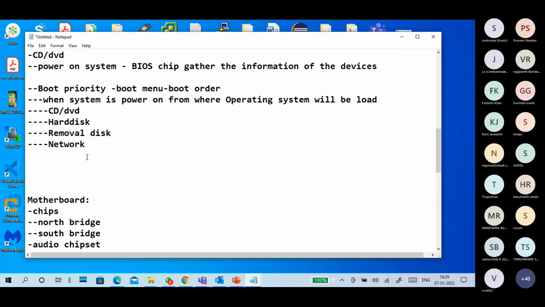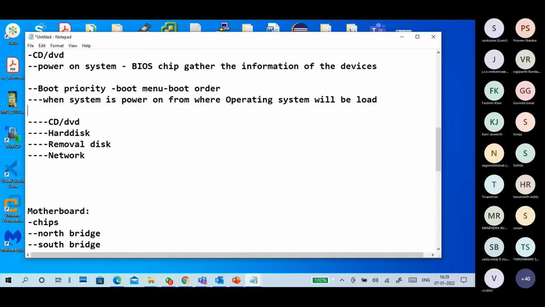First come, first serve type only. If you have an OS here, that's it, completed.